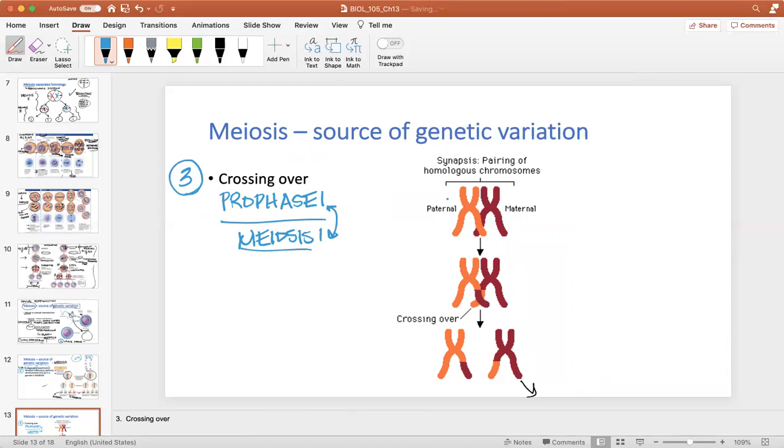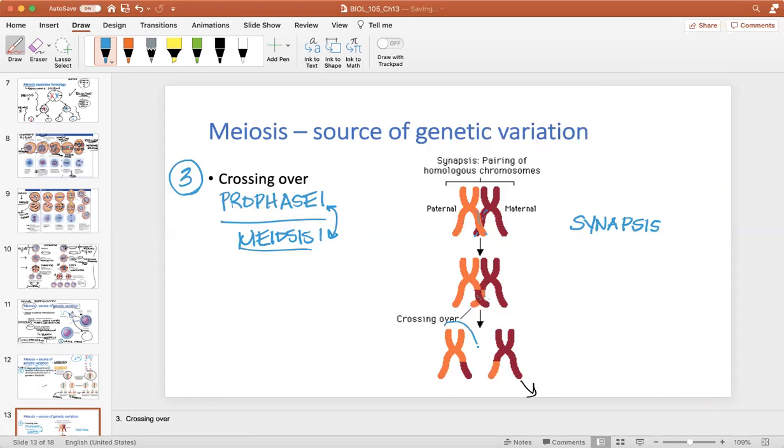So what happens there is, remember that we had this process called synapsis, where the chromosomes partner up. They find their homologous pairs. And what will sometimes happen is the chromatid of one chromosome will tangle up with the chromatid of the other, and they'll actually swap genetic information.